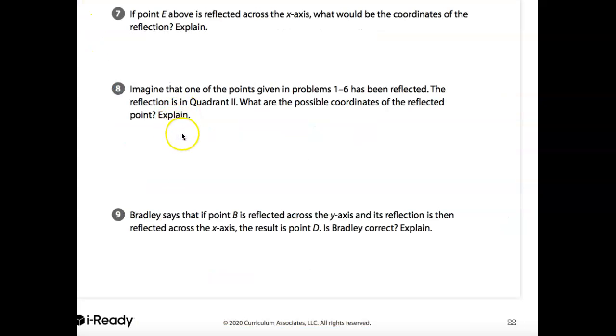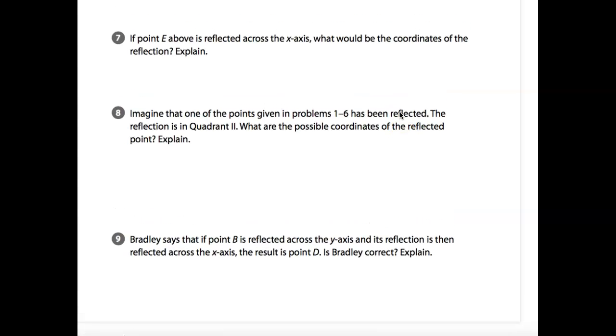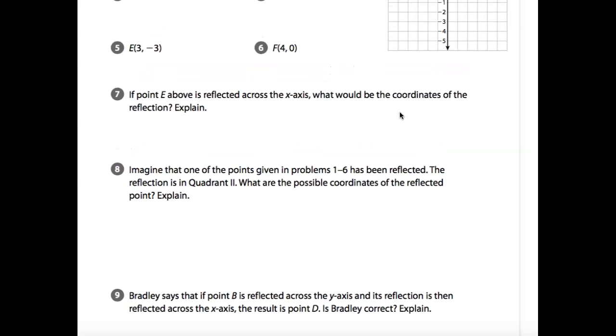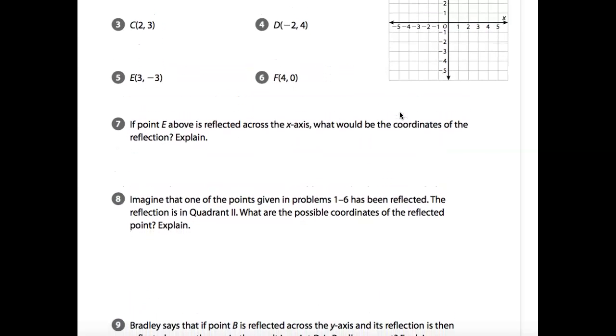All right, let's look at number 8. It says, imagine that one of the points given in problems 1 to 6 has been reflected. The reflection is in quadrant 2. What are the possible coordinates of the reflected point? All right, so mine is not showing anymore because I had to move it.